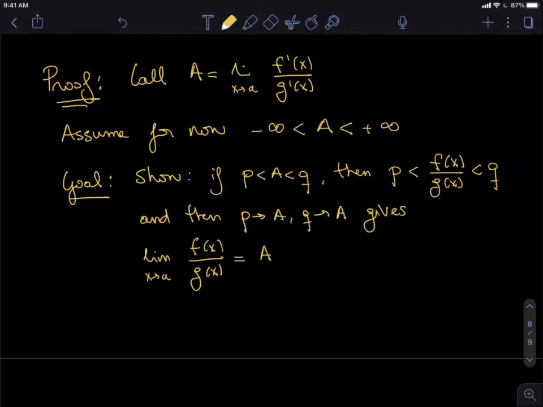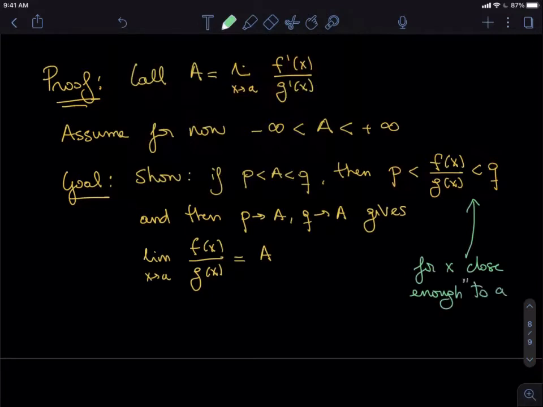Okay, that is the general strategy that we are going to follow. Here, of course, there is no hope that this is going to hold for every x. So something that is going to be important in this proof is that most of the things we are going to do will be only for x close enough to a.